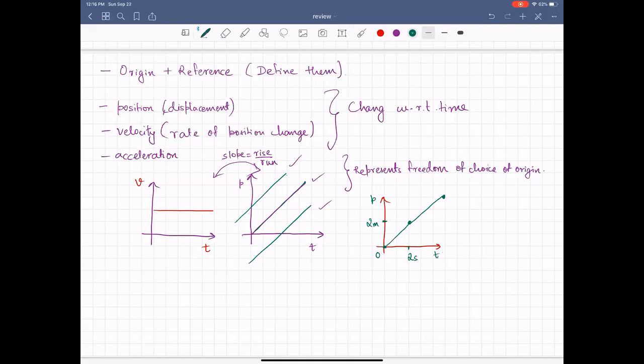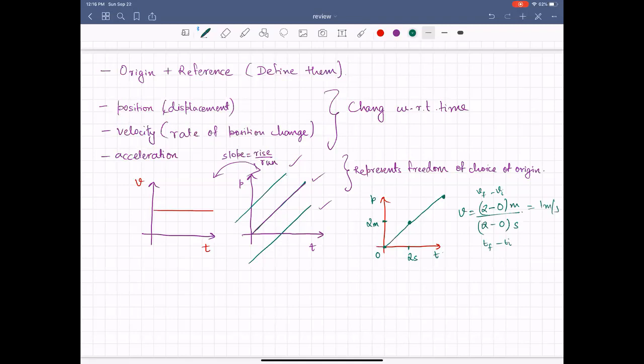Then rise over run is nothing but velocity, which is 2 minus 0 meters divided by 2 minus 0 seconds. So that's final position minus initial position, and this is final time minus initial time. So that's just rise over run, and so I get 1 meter per second as the velocity, right?